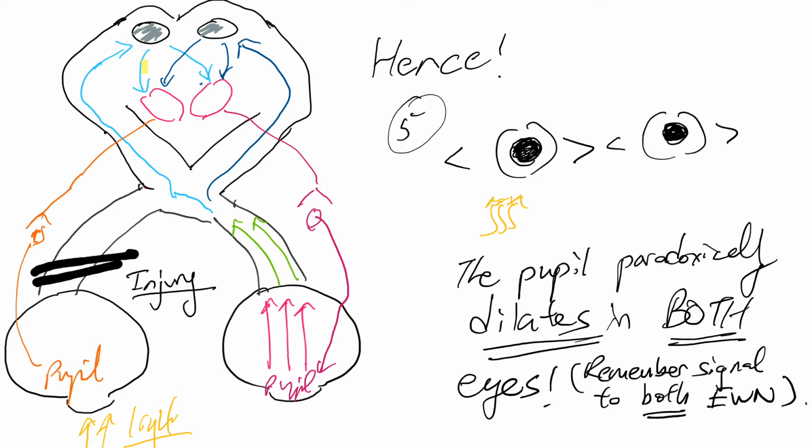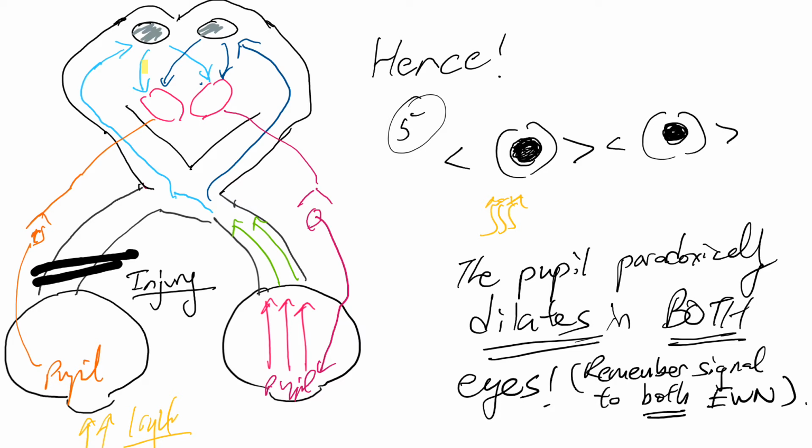Constricting the pupil. Sorry, my recording broke off there a little bit. So the pupil paradoxically dilates in both eyes. By not being able to relay the intensity of the light as accurately as the healthy pupil on the left side, the diseased side or the injured side causes the visual pathway to mistakenly respond to the decrease in stimulation as if the light itself were less bright.